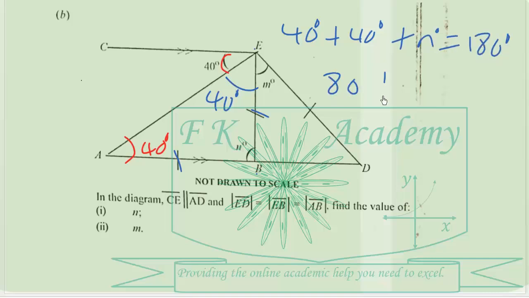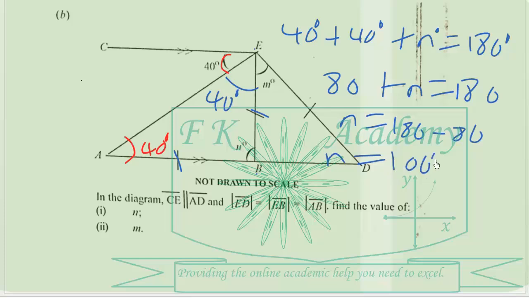So 80 plus N will be equal to 180. N will be equal to 180 minus 80, which is equal to 100 degrees. If N is 100 degrees, then this should be 80. Now if this is 80, then the angle here must also be 80 degrees.